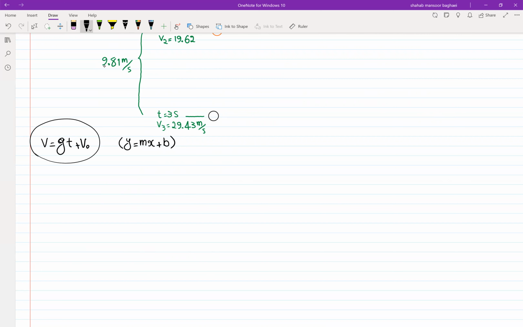If you compare these correlations, you can figure out that V0 here is your intercept. Therefore, initial velocity is the intercept of velocity equation on the graph. It is similar to B in mathematics. T, time, is always the independent variable.